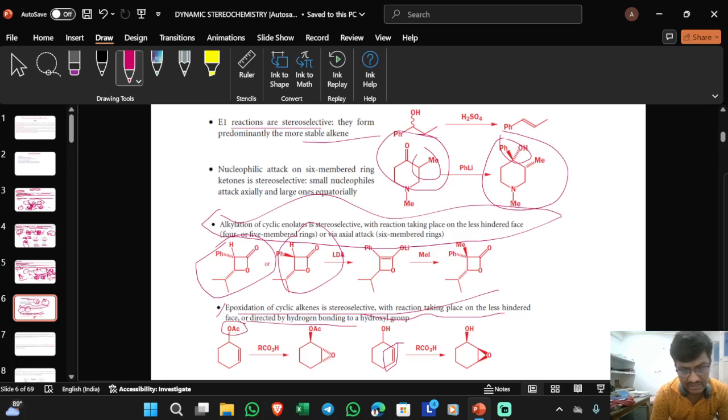OH, OAc and OH are the same type and another group. OH into this product, and OAc then this product.